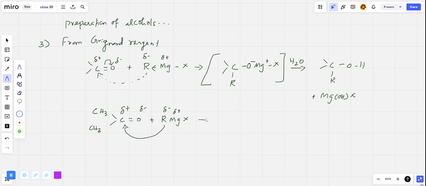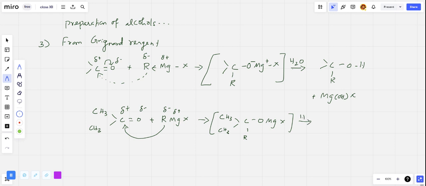So we will get CH3, CH3, C, with R attached to it, and OMgX. So this is the intermediate or adduct formed.